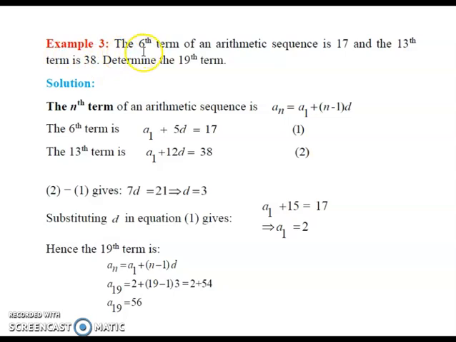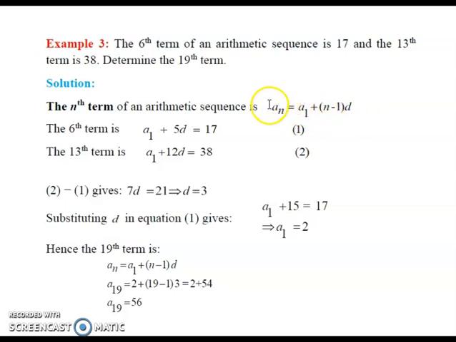Example 3. The sixth term of an arithmetic sequence is 17 and the 13th term is 38. Determine the 19th term. Solution. The nth term of an arithmetic sequence is an equals a1 plus n minus 1 multiplied by d.